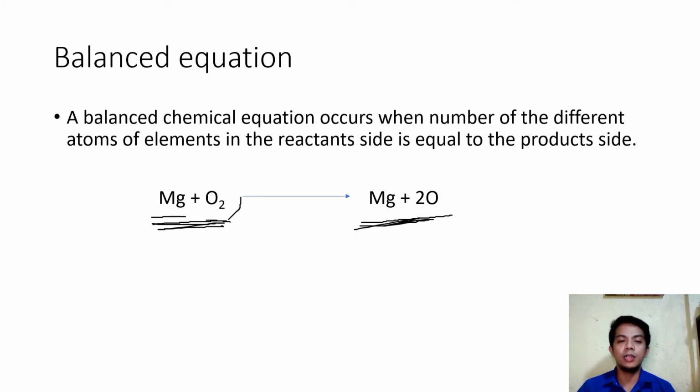In this reactant, the oxygen has 2 atoms written in a subscript. And in the product, to balance the equation, we need to add 2 as a coefficient.